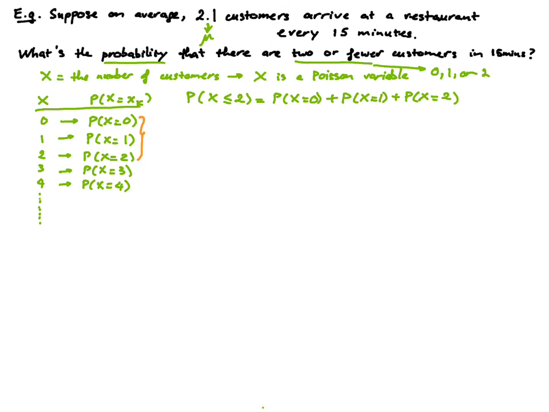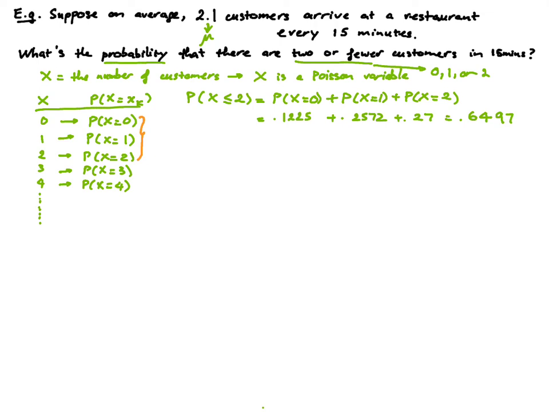So we have 0.1225 plus 0.2572 plus 0.27, and if you do the math, you get 0.6497 as the answer.